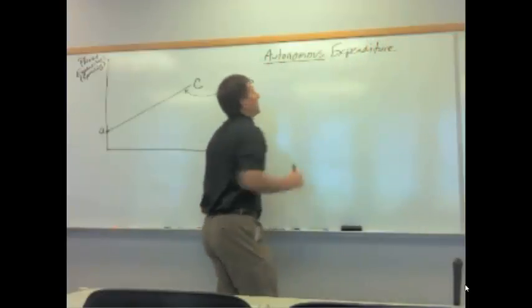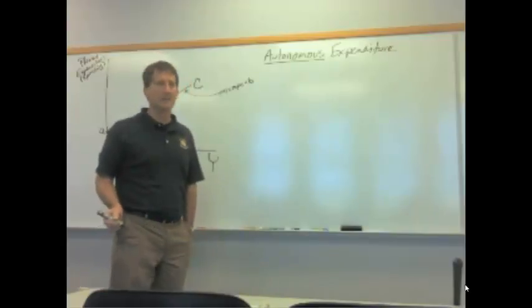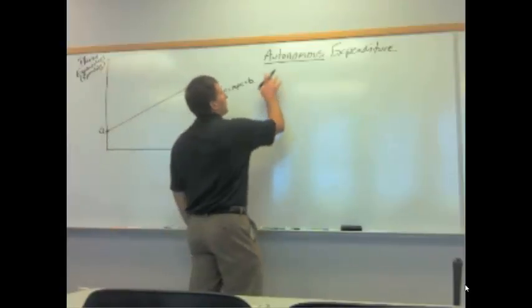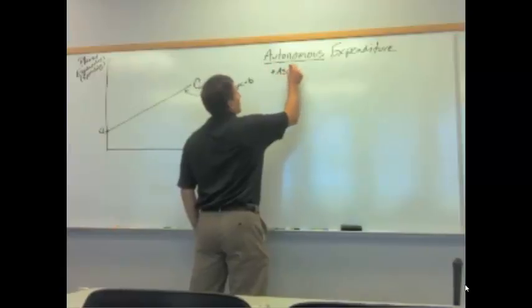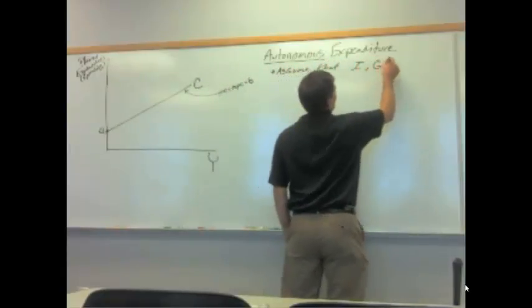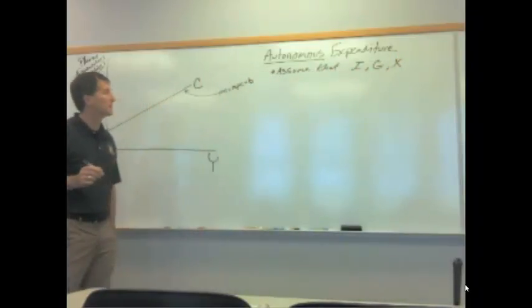So underline autonomous. I think, did I already define it for you? Did I say spending not dependent upon income? Okay. So we're going to assume that investment, government spending, and net exports are also autonomous.